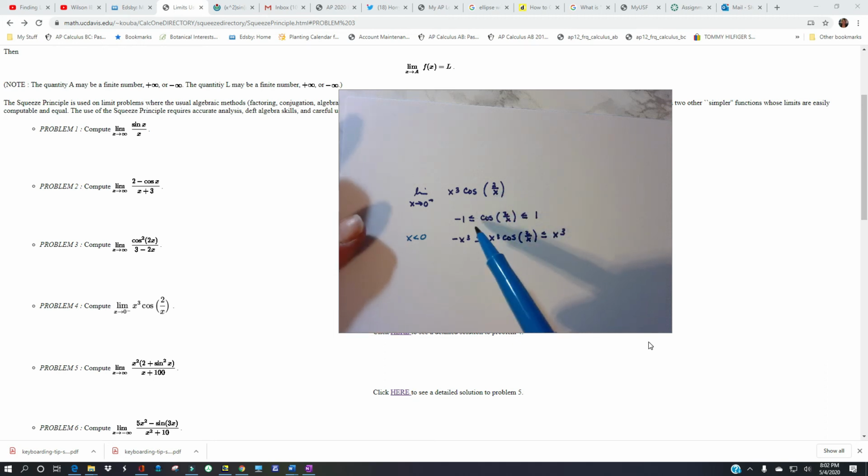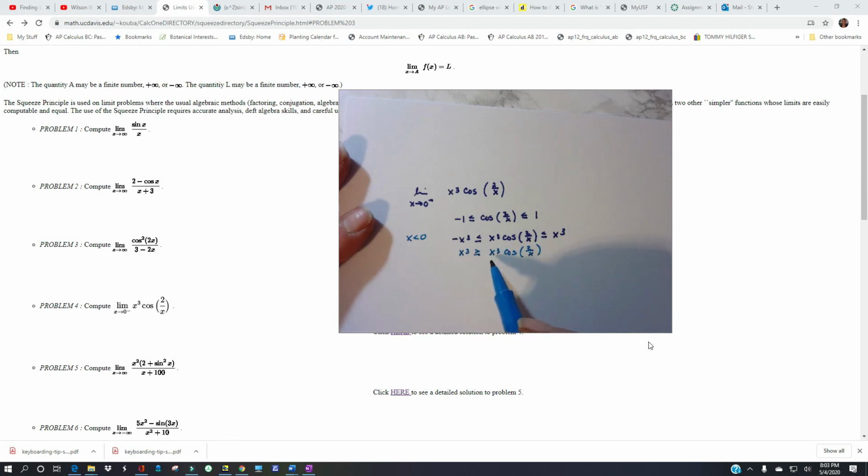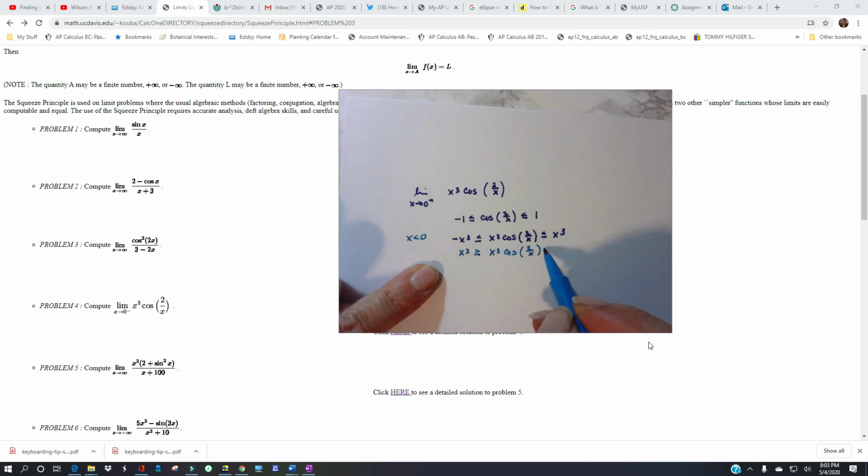So I made this an additional step. What we're going to do is change this to x cubed greater than or equal to x cubed cosine 2 over x. Now I'm not multiplying by negative x cubed, but the values of x are negative. Does that make sense? This will become negative x cubed.